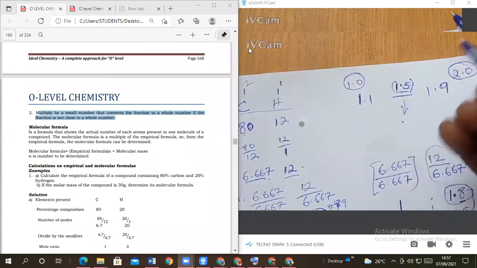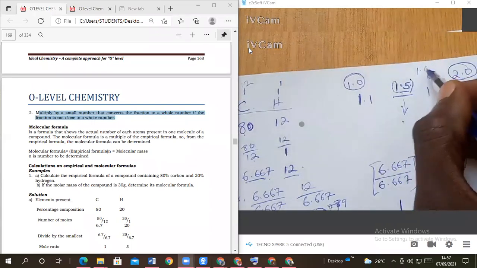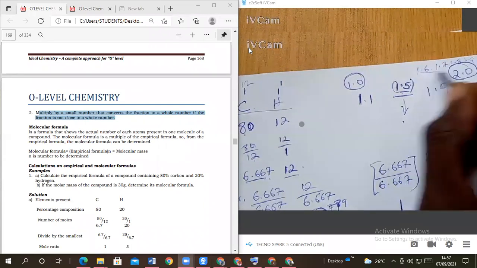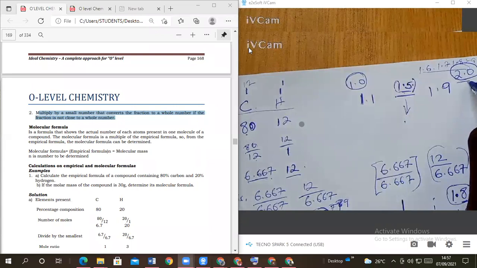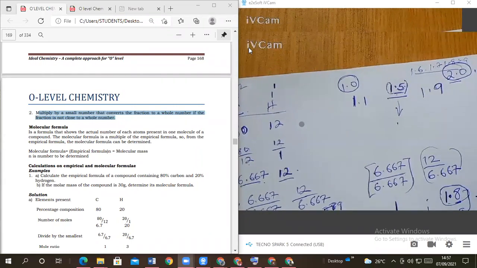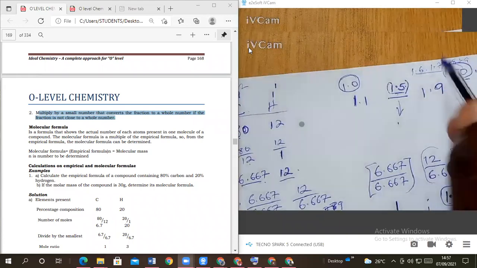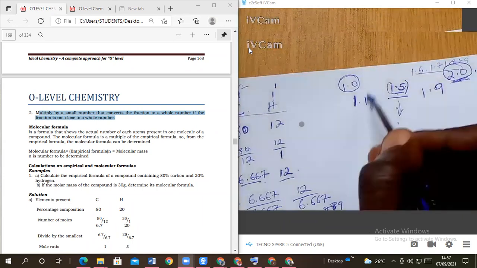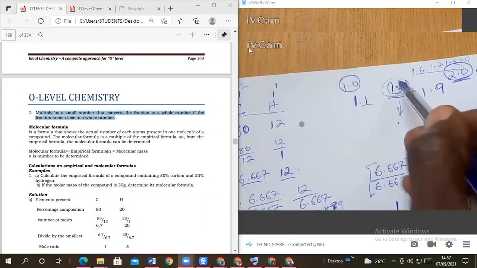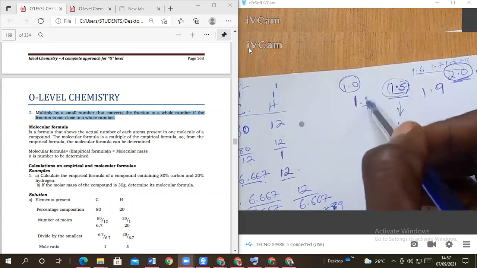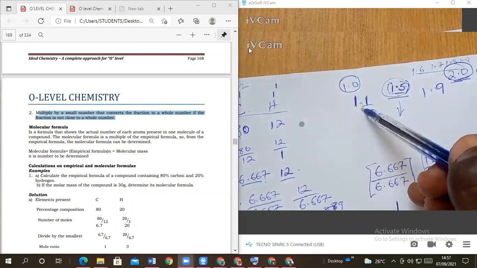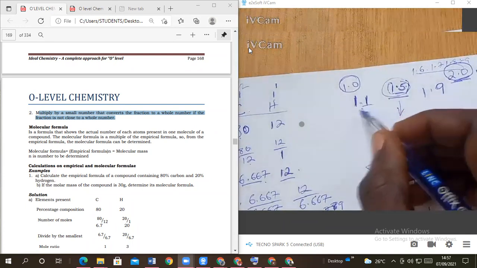But if it comes to 1.6, 1.7, 1.8, 1.9, these are very close to a whole number this side, isn't it? Yes. These ones are close to a whole number. So what you do, you just round off to the whole number. But if it is from this side going this way, make sure you look for a number that when you multiply, it gives you the closest answer to this. Okay?